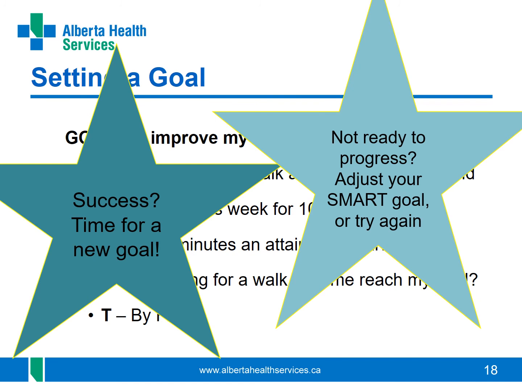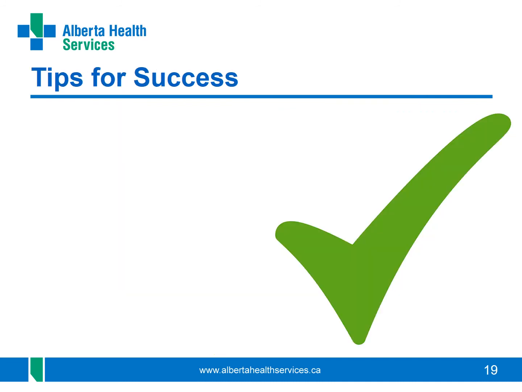It's about looking back at each component of that goal, figuring out where you think it went wrong, adjusting it, and then trying again. Maybe I just need to make the time a little bit longer. Maybe I need to give myself more time to achieve those 3 walks. It's all going to be an individual experience, but remember, success means you can stay or make it tougher. And if you weren't successful, that's fine, just adjust it.